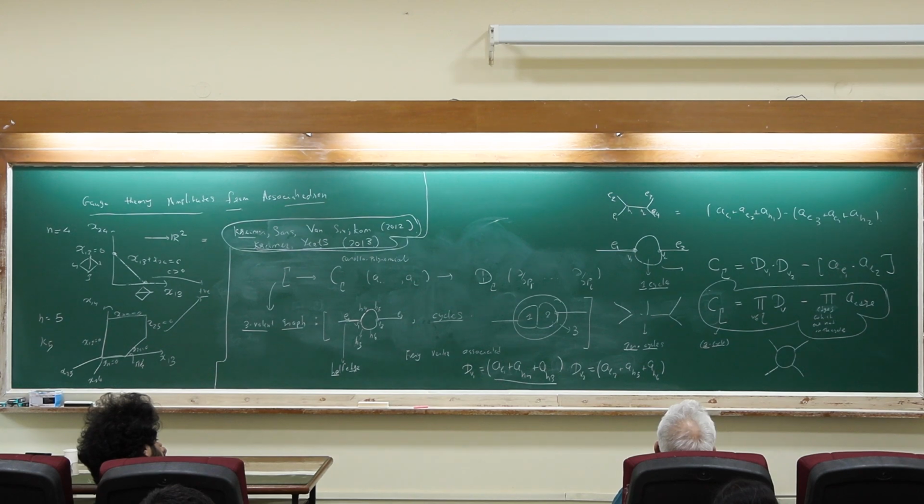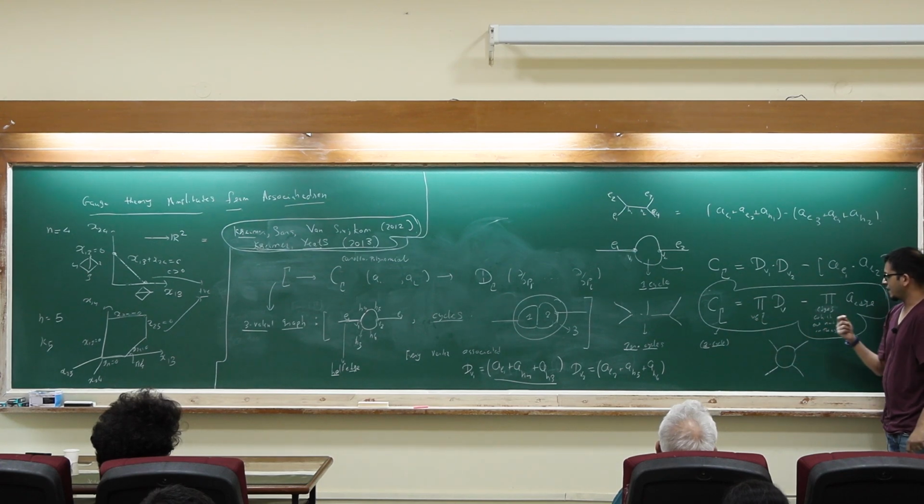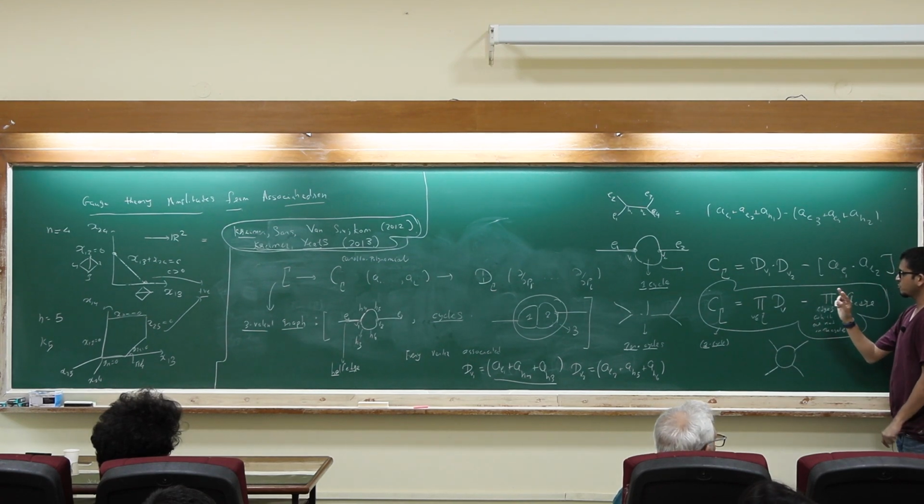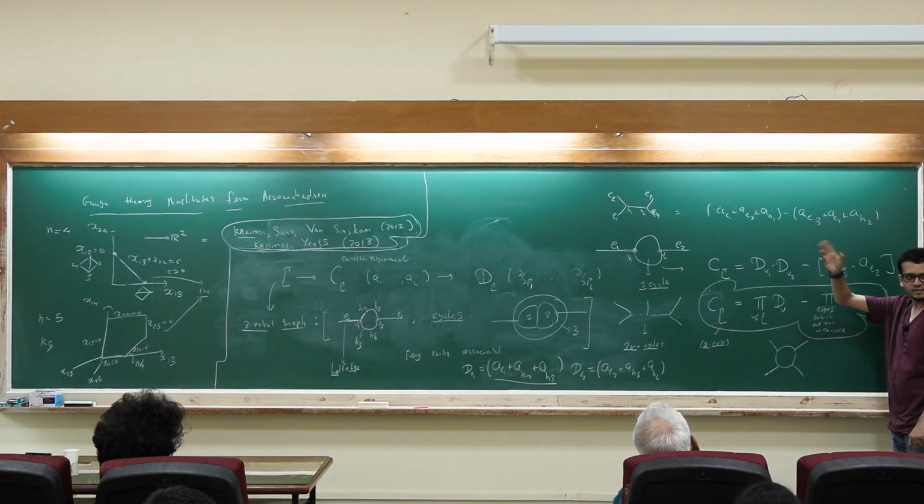Okay, so this is an abstract corolla polynomial for any graph with three-valent vertices only and one cycle. But you can generalize this, if you see Cramer's paper, to an arbitrary number of cycles. So if you have 2 cycles, then the contribution of 2 cycles will be with a plus sign, so it's an alternating sign.